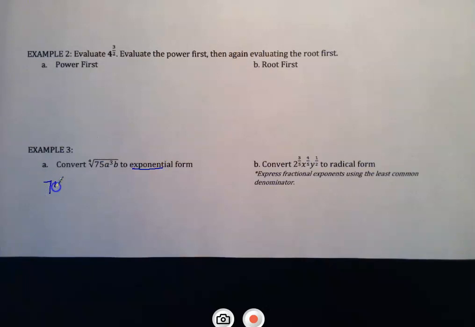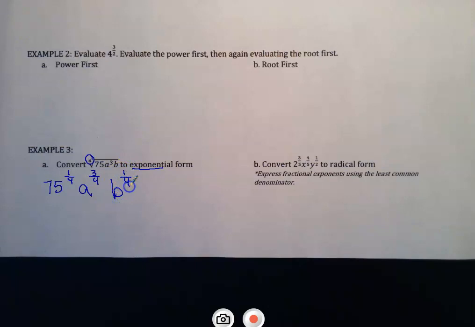So this is going to be 75 to the 1 over 4. Because the cube is with the a, it would be a to the third, so it's going to be 3 divided by 4, because 4 is your index.